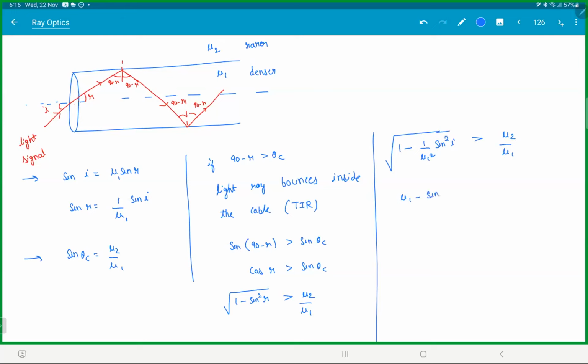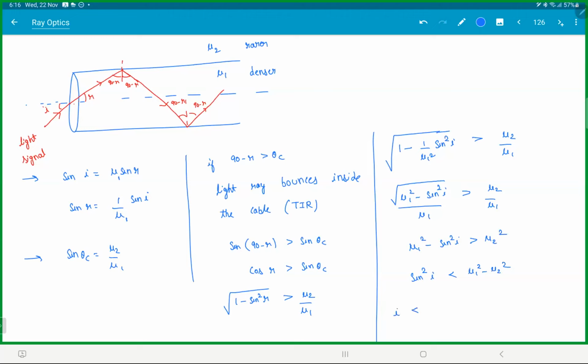Mu1 square minus sin square I by mu1. The root will be mu2 by mu1. Mu1 cancels off. You end up with mu1 square minus sin square I is greater than mu2 square. We get sin square I should be less than mu1 square minus mu2 square.